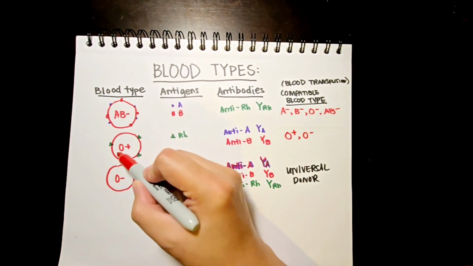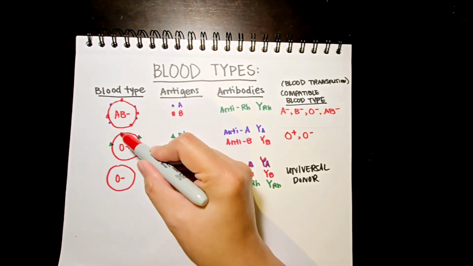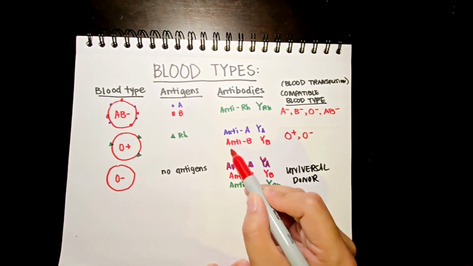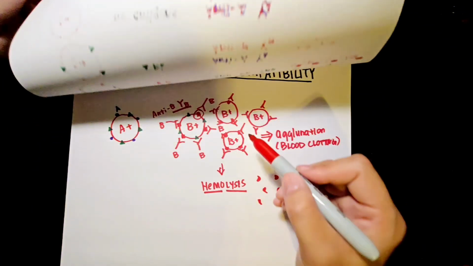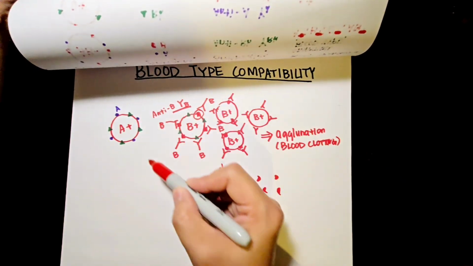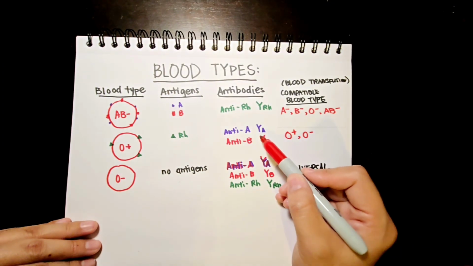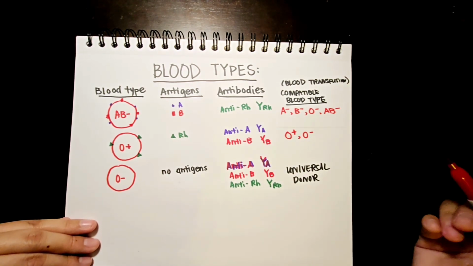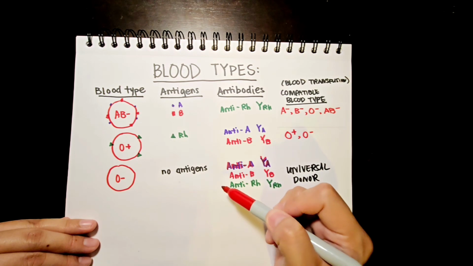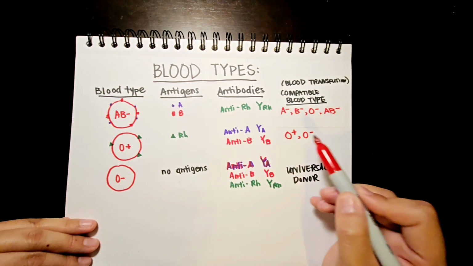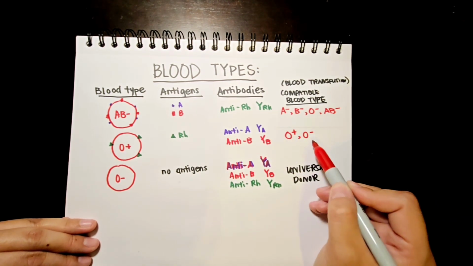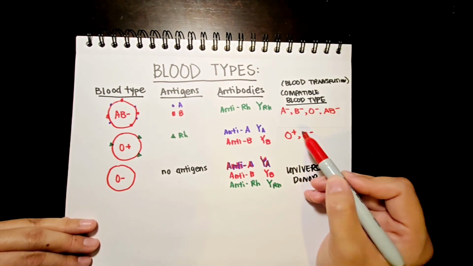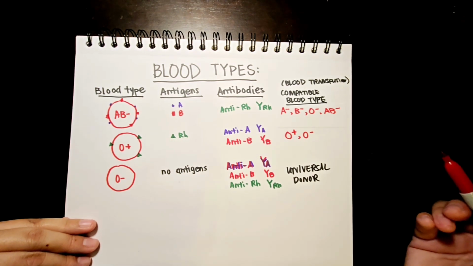It's because for O positive individual, they do not have A or B surface antigen, and so they make antibodies against A and antibodies against B, and the same agglutination clotting is going to happen for this individual if you were to give any blood type that has antigen A or antigen B. It's going to trigger a reaction with these antibodies, which is why for O positive individual, you can only receive from O, but at least you have two options: being that you are O positive, you can have O negative blood type people as well.